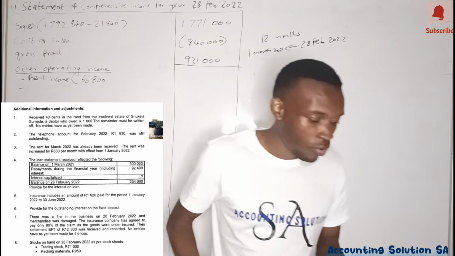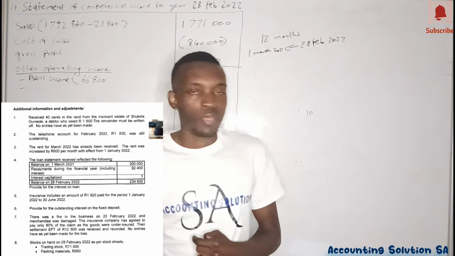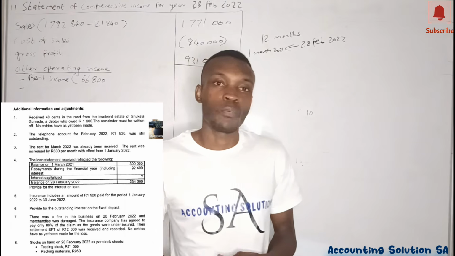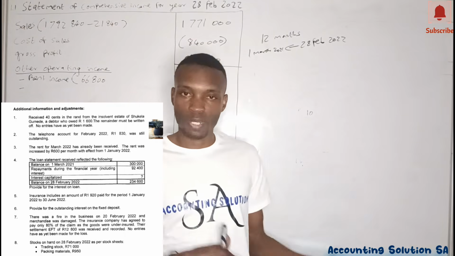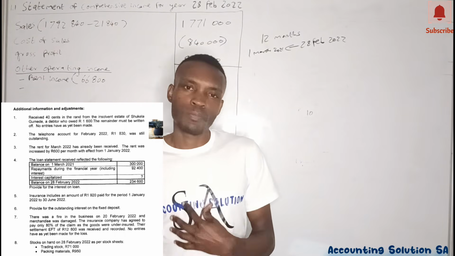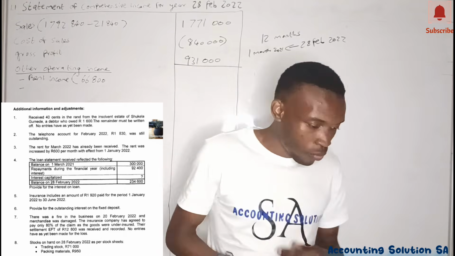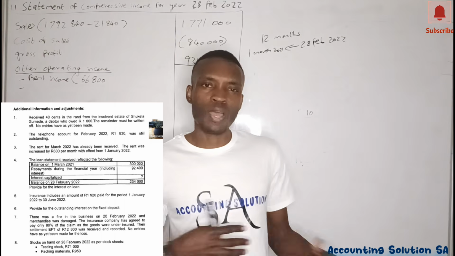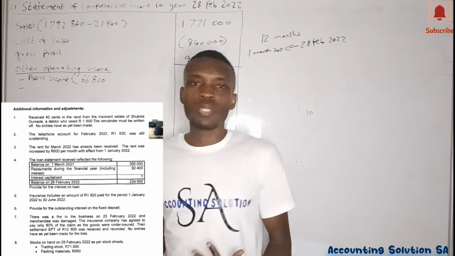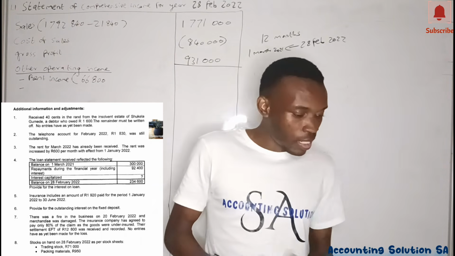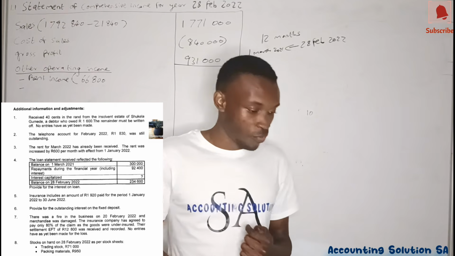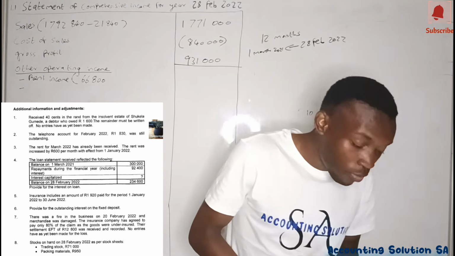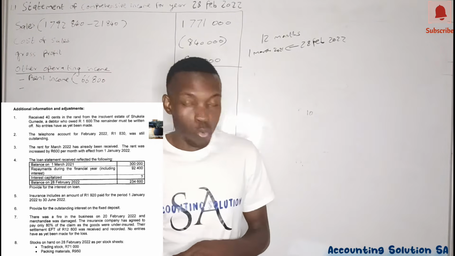They recorded the amount for March, which is wrong because it's going to be 13 months and it's supposed to be 11. Then what do we do now? We have to check how much that rent was, because they only tell us that the rent has increased by 600 from 1 January 2022.